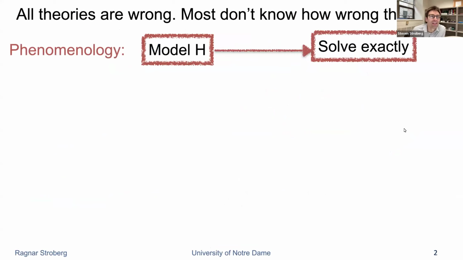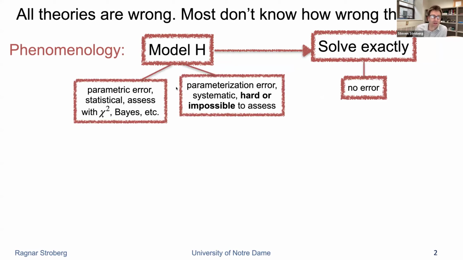So the starting point for thinking about ab initio calculations is that all theories are going to be wrong, and especially in nuclear physics, most theories don't know how wrong they are. So we're going to think about how to assess an error bar on a calculation. When you do phenomenology, you have some model and you solve it exactly. You basically construct your model so that you can solve it. If we want to put an error bar on that, your model will have some parameters, and you can maybe do some statistical analysis, fitting, some chi-squared or Bayesian assessment there.